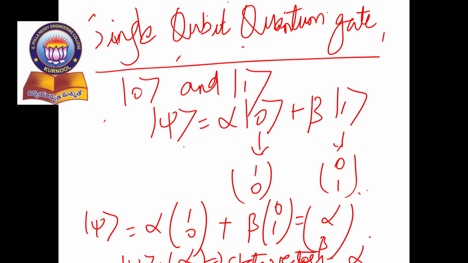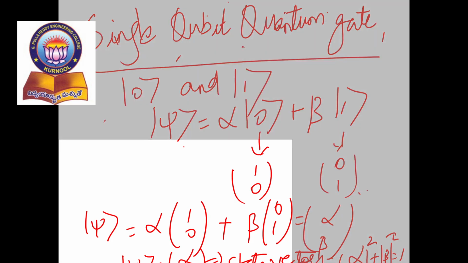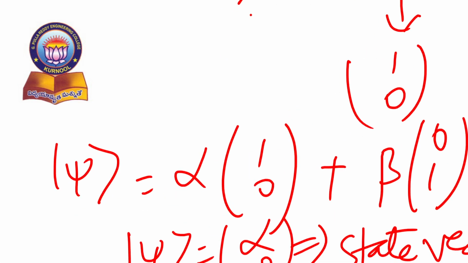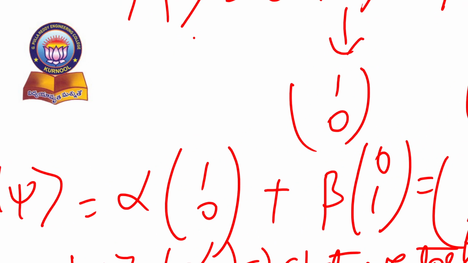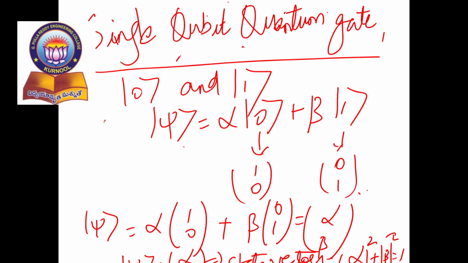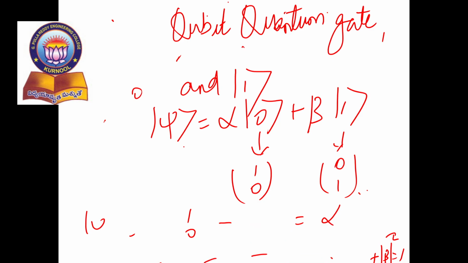So if we normalize this, we get alpha square plus beta square is equal to 1. So wave function is equal to the alpha and also the beta.